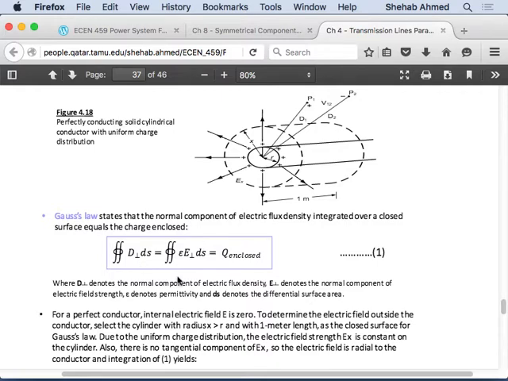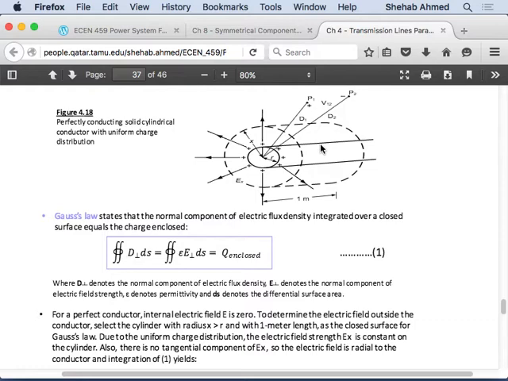This can be written as the permittivity times the electric field strength on a closed surface is equal to the charge enclosed. As we were saying, the assumption is that charge is distributed evenly across this conductor. If the charge is distributed evenly across the surface of the conductor, then every point on this conductor is causing an electric field strength radially outward, and that electric field strength is equal at all points because the charge is distributed evenly.